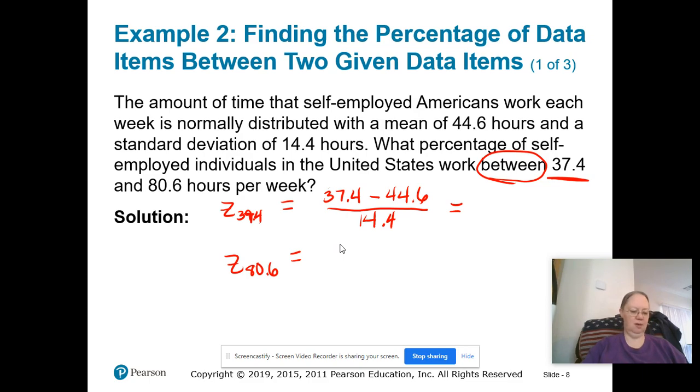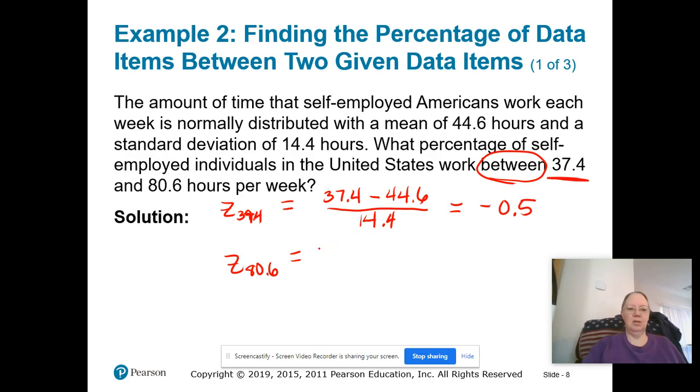Sorry about that. We get negative 0.5 for the first z-score. Remember, negative just means we're below the mean.